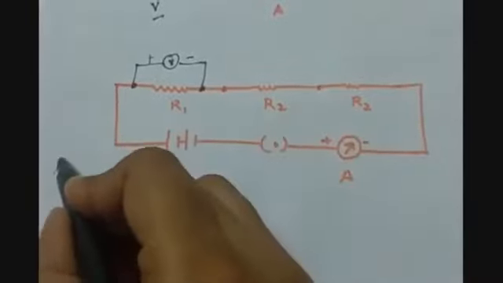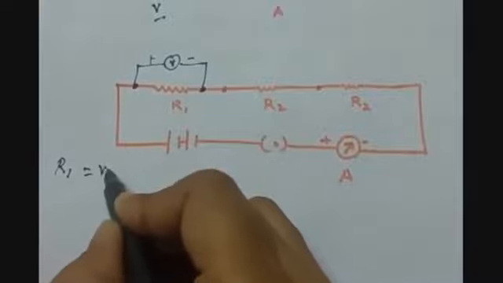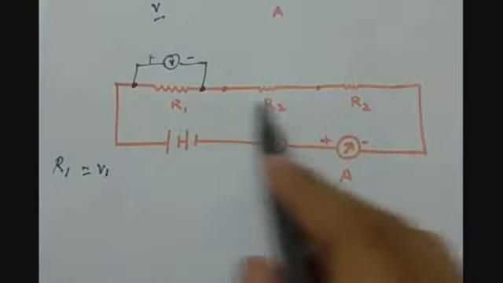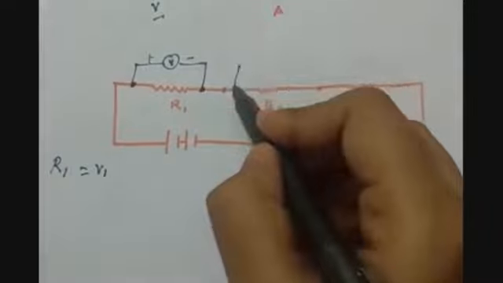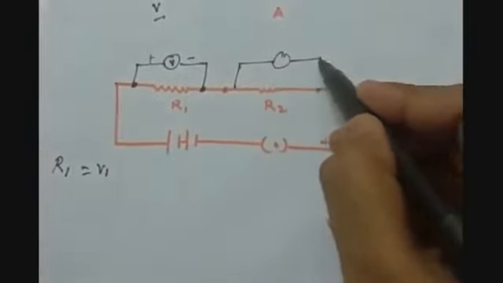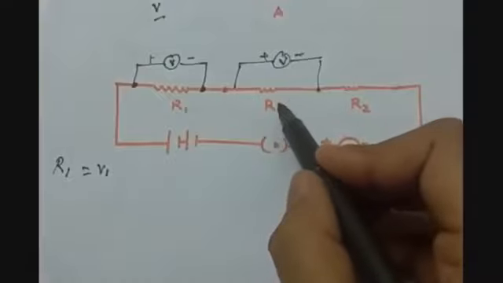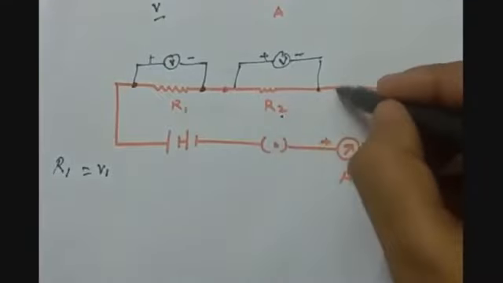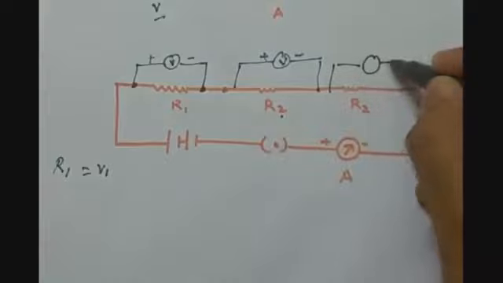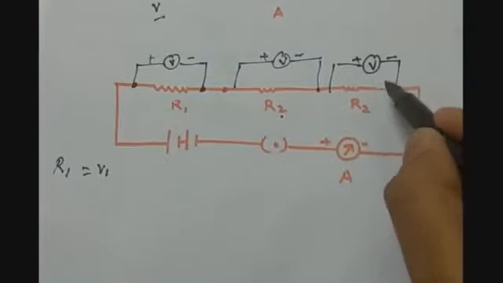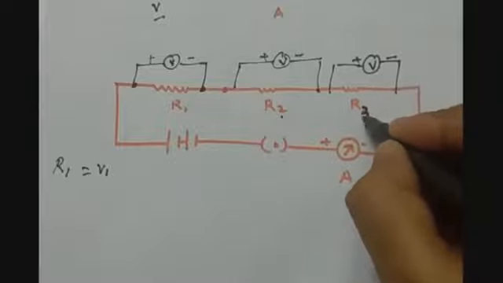So R1 is giving us a reading V1. The same way we can connect the voltmeter here, so that will give us the potential difference across R2. And if we connect the voltmeter here, this will give us the potential difference across R3.